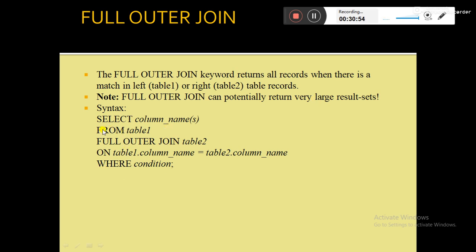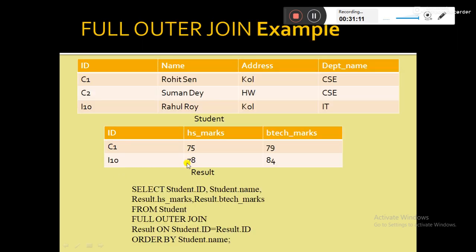Select column names from table 1 full outer join table 2. Instead of inner join, left join or right join, we have to write full outer join. Then on table 1 dot column name equal to table 2 dot column name, and then where condition, which is not required though. Suppose this is the relation, we have to display ID, name and their corresponding HS marks and BTech marks.